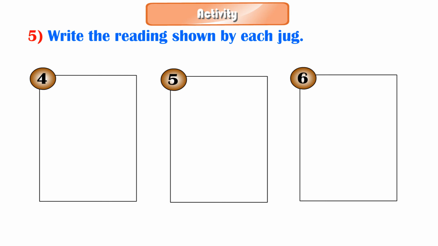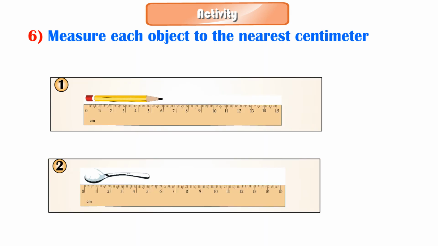Five. Write the reading shown by each jug. 6. Measure each object to the nearest centimeter.